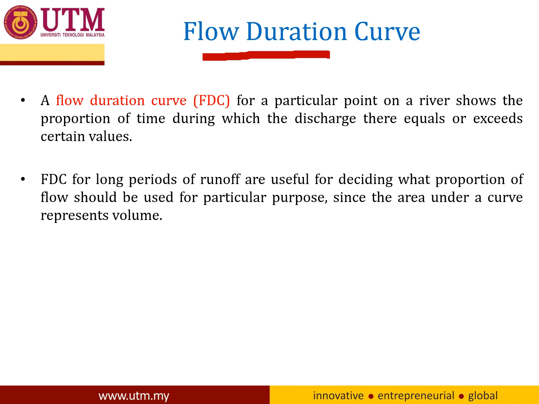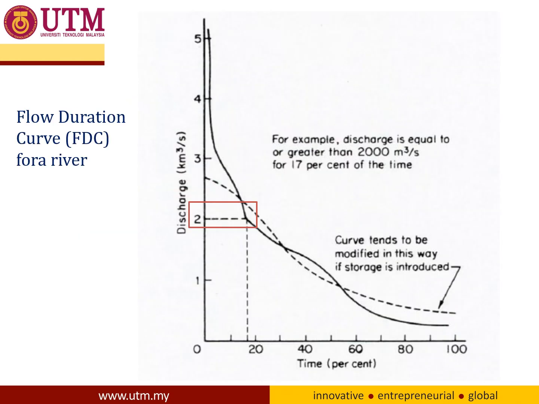Here you also need to understand that the area under the curve represents volume. Different from frequency analysis for rainfall, here the x-axis is a percentage and the y-axis is the discharge. For example, take a discharge equal to or greater than 2000 meter cube per second.